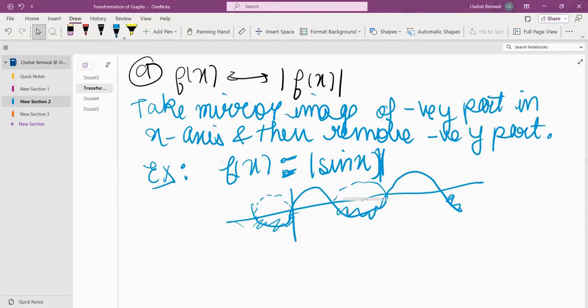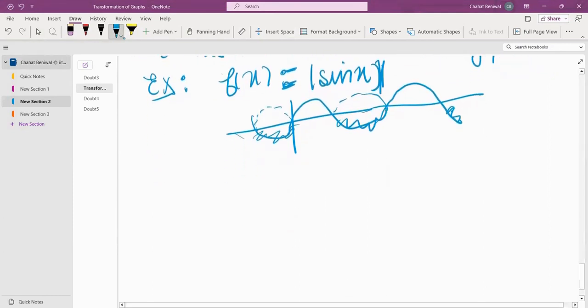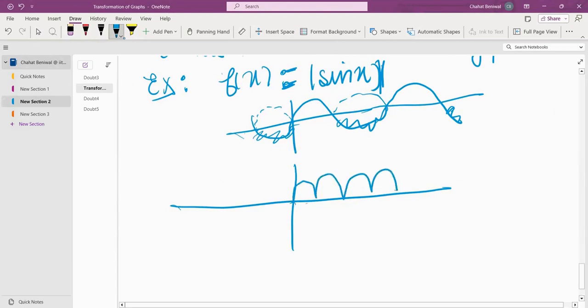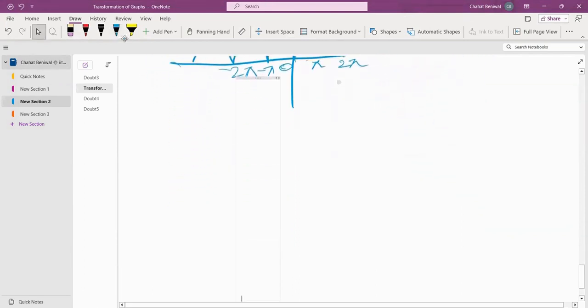So the graph of mod sin x which we obtain is going to look like this, with points 0, pi, 2 pi, minus pi, minus 2 pi, and so on. So this is the transformation, very simple, I guess. Let's move on to the next transformation.